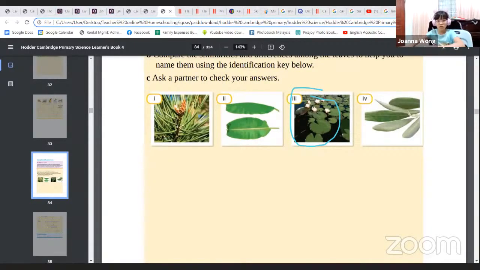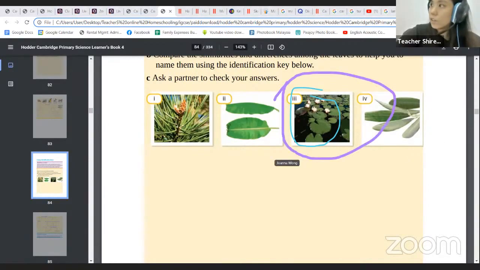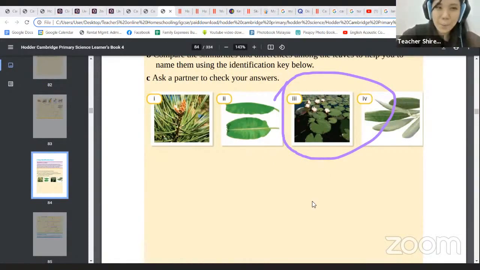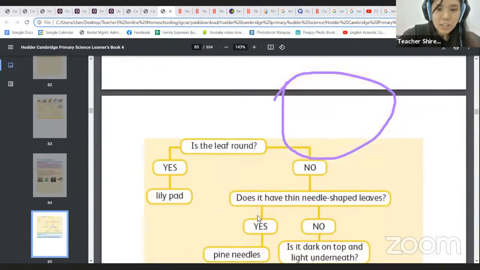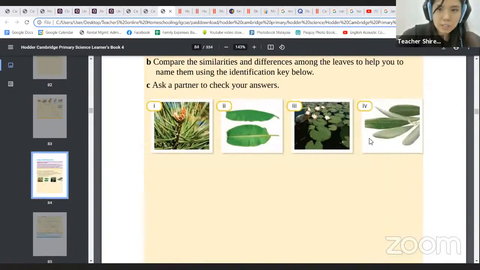Yes. Okay, number 3 is the lily pad. Good. Lily pad must have lily. Okay, that's right. No, it's not a round leaf. Does it have thin needle leaves? Oh yes, not round, but thin needle leaves. It's called pine needles. Which one do you think is pine needles?